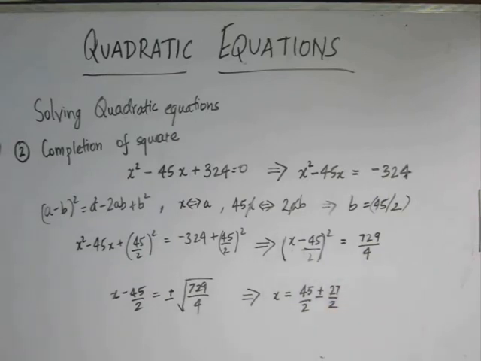This is the solution that we get by taking 45 by 2 to the other side. And this, after solving, we get the two solutions, 36 and 9. And this solution is obviously the same as what we obtained through factorization. So this is just another way of solving the quadratic equations.